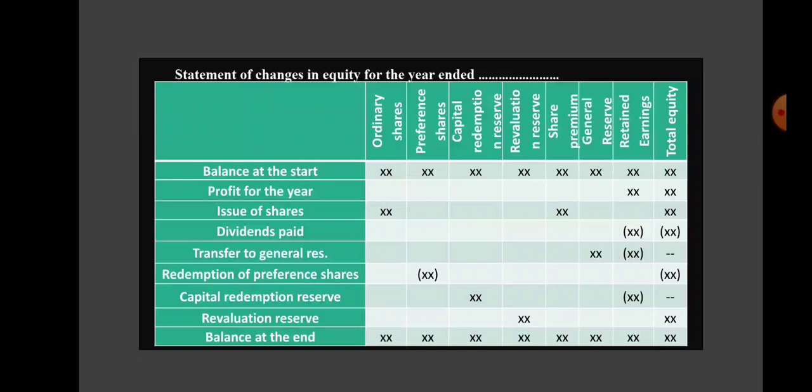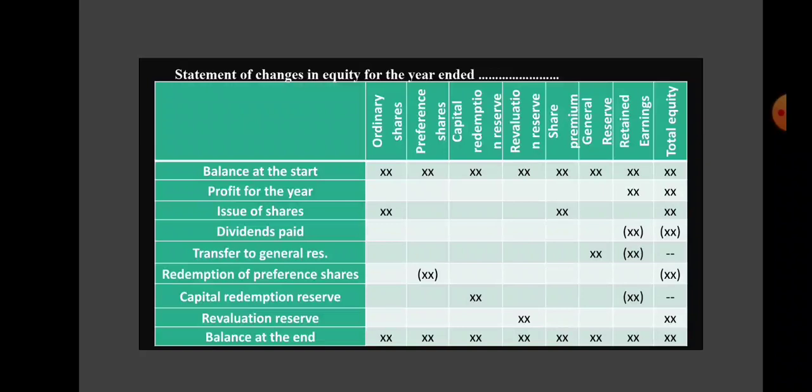So the capital may increase or decrease. And also, the reserves also change. Reserves are the amounts which we are transferring compulsorily or voluntarily from the profits of the company. So if there is any change to the reserves, that should be reflected in this statement.